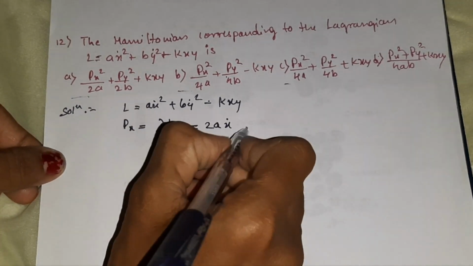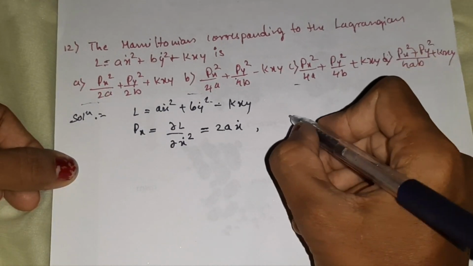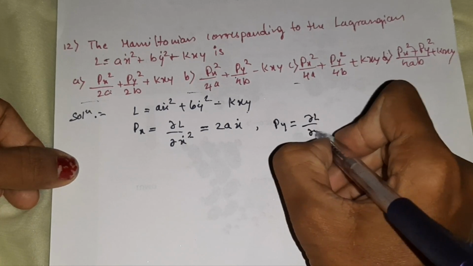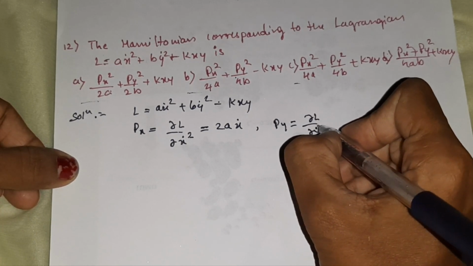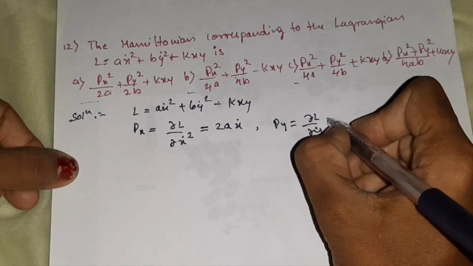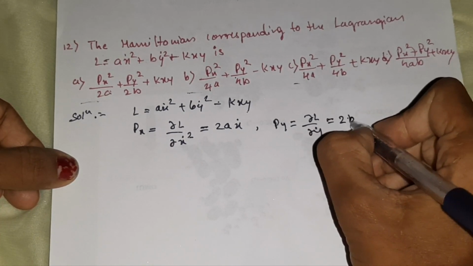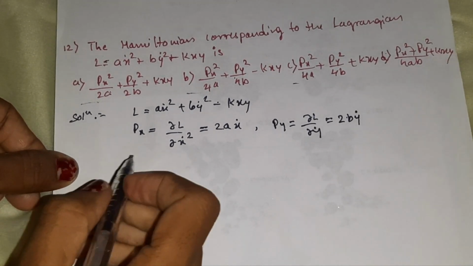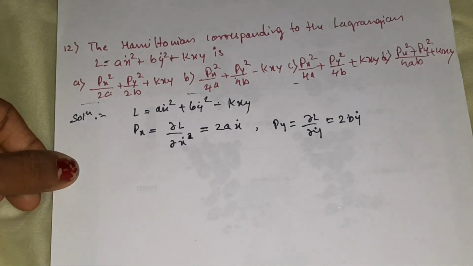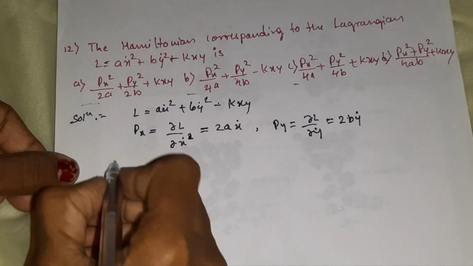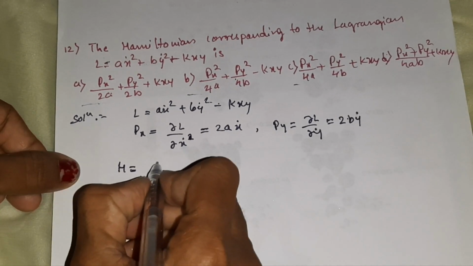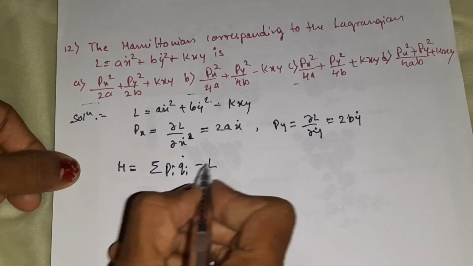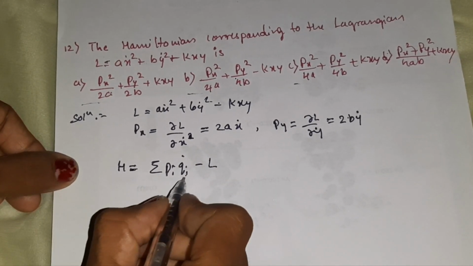Similarly, py is equal to dou L by dou y dot, that will be 2b y dot. Then this must be x dot, not x dot square. Then the Hamiltonian, how we can write in terms of the Lagrangian, is summation pi qi dot minus L. This is a very important equation, you should remember.